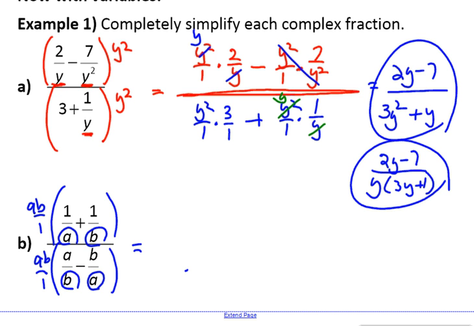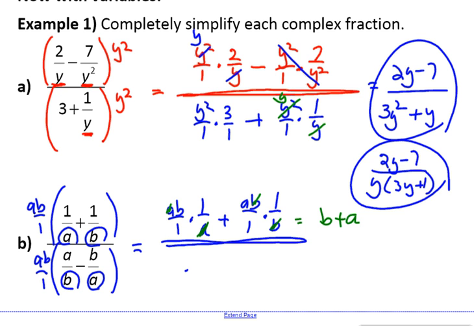So distribute. So I end up with AB over 1 times 1 over A plus AB over 1 times 1 over B. So I'm going to cancel my A's, and that leaves me with a B, and then plus, cancel my B's, and that leaves me with an A. Then denominator, I have AB over 1 times A over B minus AB over 1 times B over A. Let's say cancel my B's, and that leaves me with A squared.